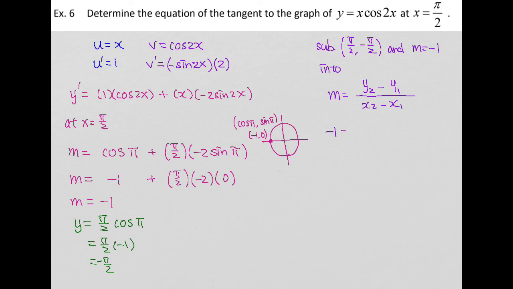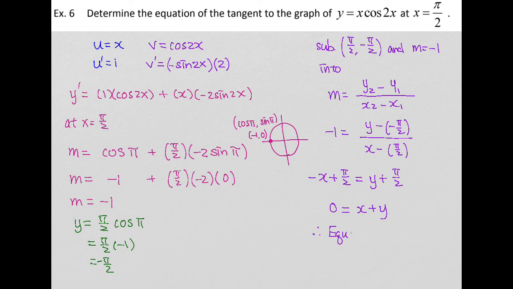So we know slope is negative 1, y minus negative pi over 2 over x minus pi over 2. So cross multiply, you get negative x plus pi over 2 equals y plus pi over 2. So 0 equals x plus y. Therefore, your equation of the tangent is x plus y equals 0.